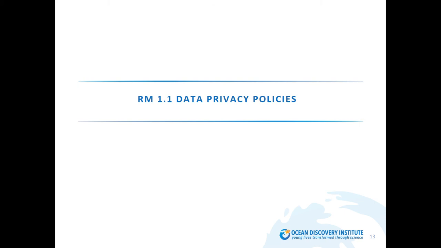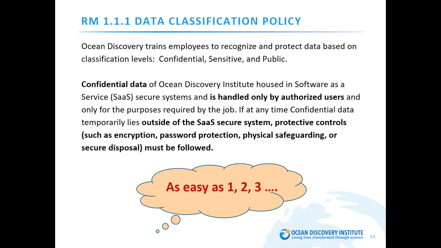In Discovery staff, you must recognize and protect data based on three classification levels: confidential, sensitive, and public. Confidential data is maintained in software as a service systems. The software as a service systems are the databases you will use while employed.